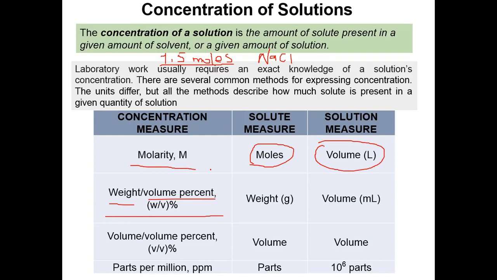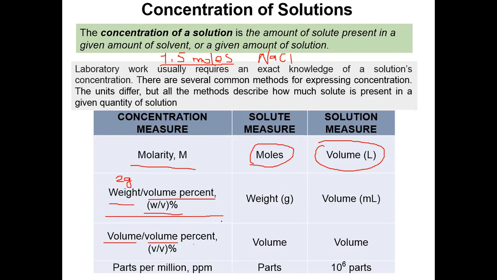For example, instead of moles, we take something in grams, say 2 grams, and if we specify the volume, we can calculate weight volume percent. Also, we can say volume percent.